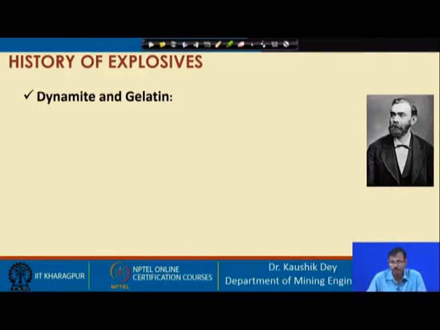Sir Alfred Nobel was experimenting with nitroglycerin. At that time it was the urge of the industry that everyone should know how to get rid of the sensitivity of nitroglycerin, so that it can be used commercially and exploded as per the wish of the user.